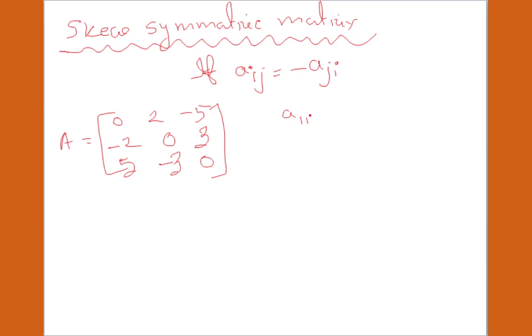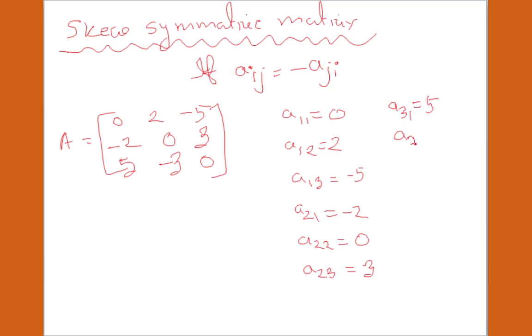Here A11, the first element, is 0, A12 is 2, A13 is minus 5, A21 is minus 2, A22 is 0, A23 is 3, A31 is 5, A32 is minus 3, A33 is equal to 0.